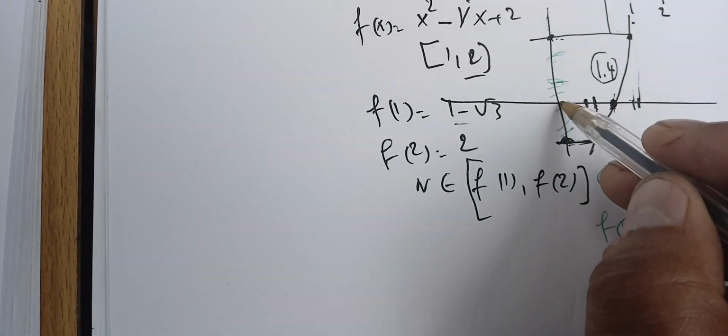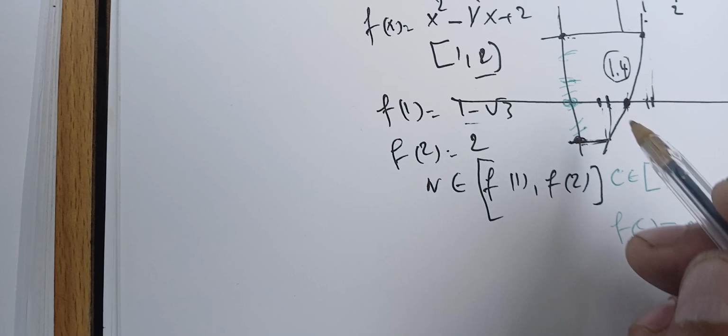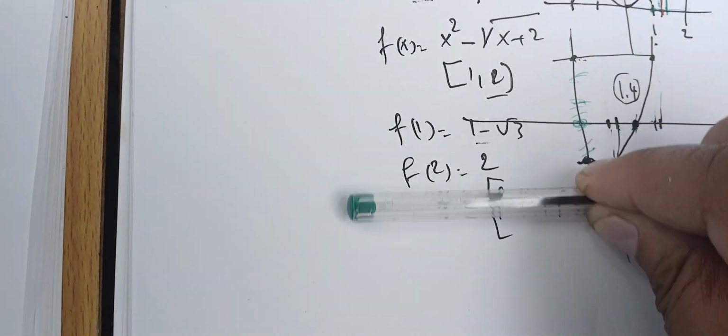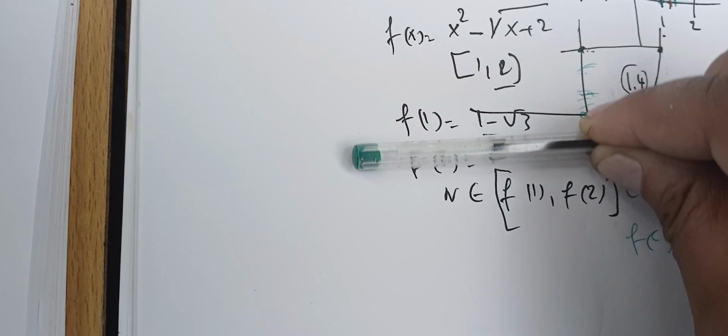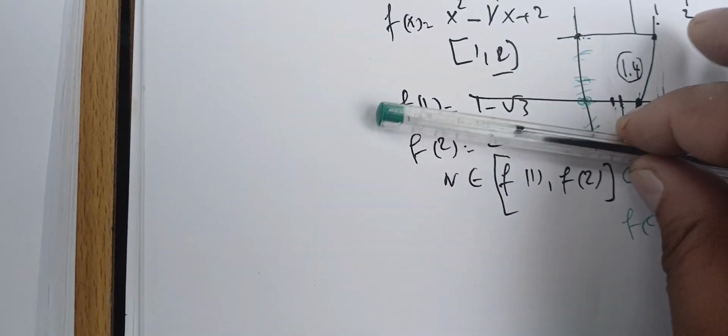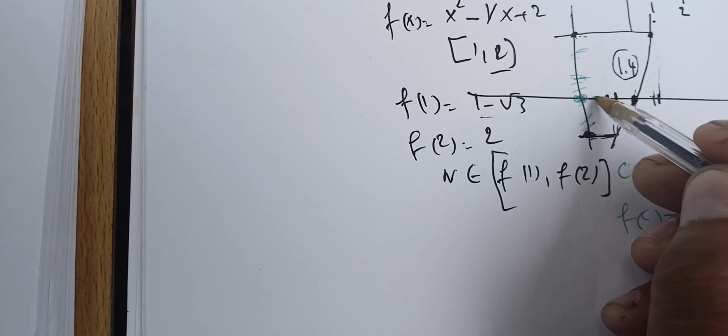But since we want to hit 0, we're going to keep looking here on the y-axis between f of 1 and f of 2 until we find the one that gives us 0, and it's this one here.